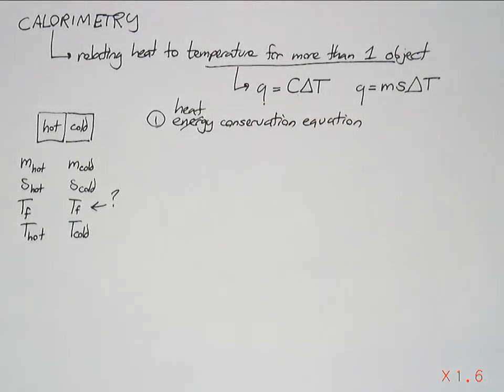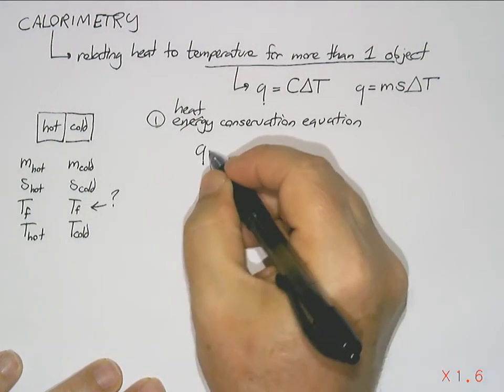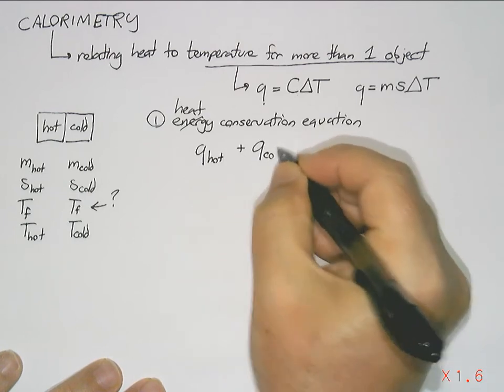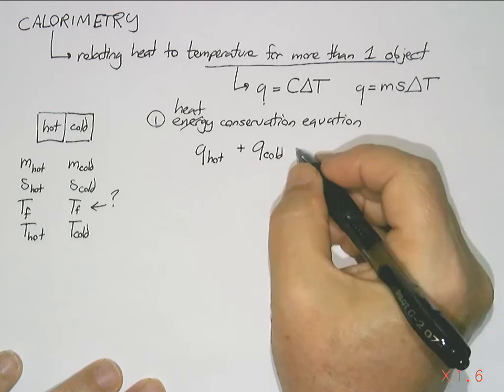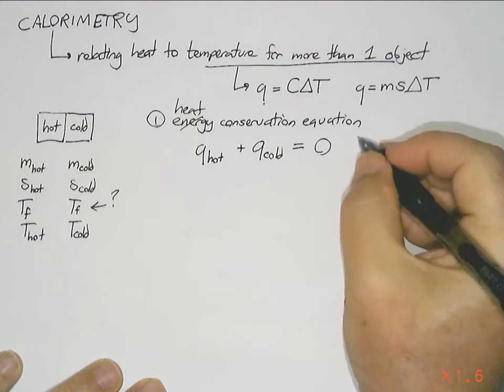So we can use the first law form where the energy change is equal to just the heat. Now, what two objects do I have? I have my block of hot steel and I have my block of cold steel, and they both will have their own Q's associated with them. And all of the Q's have to add up to 0.